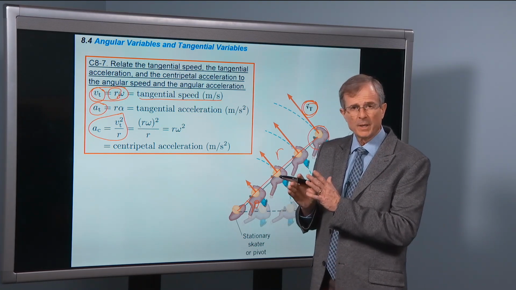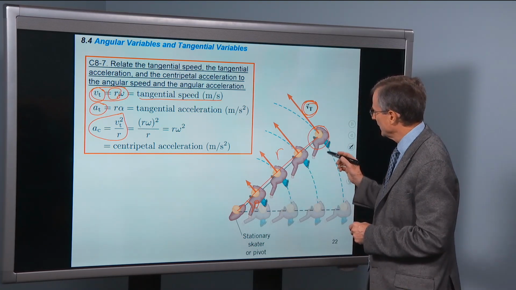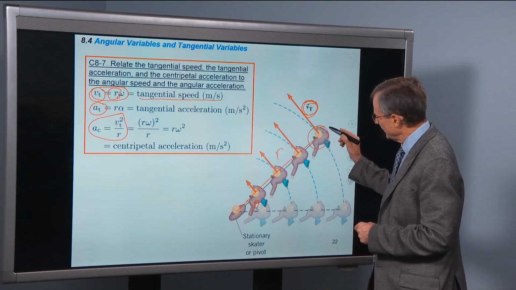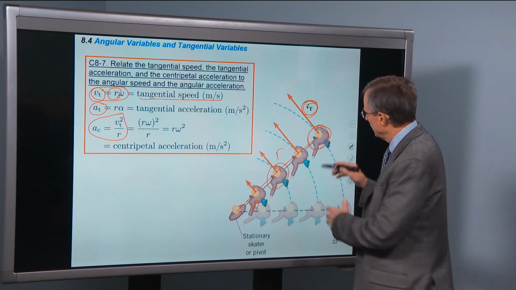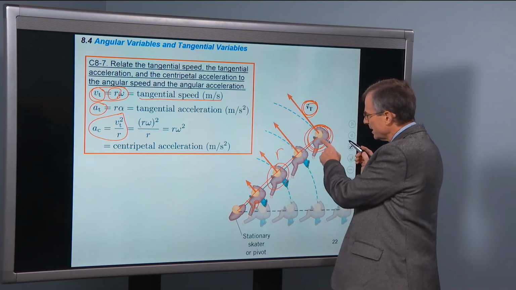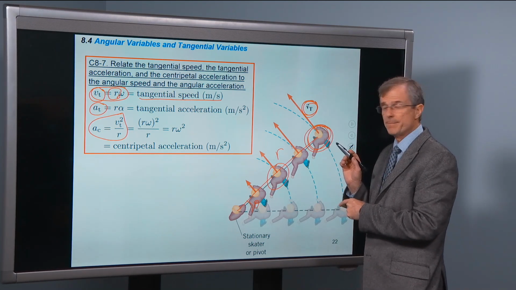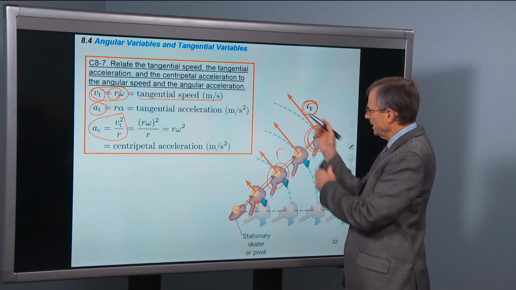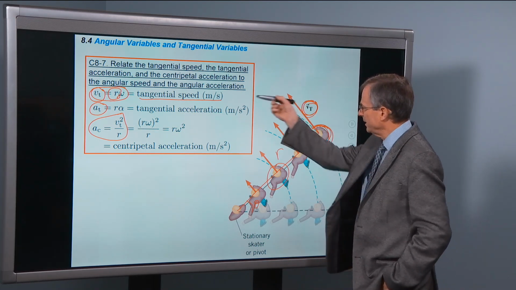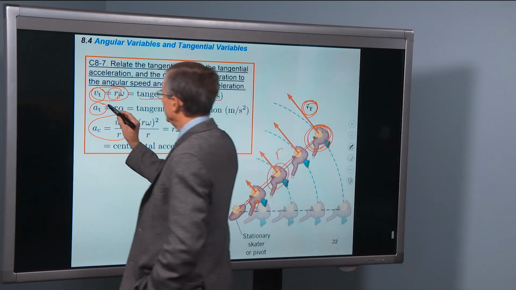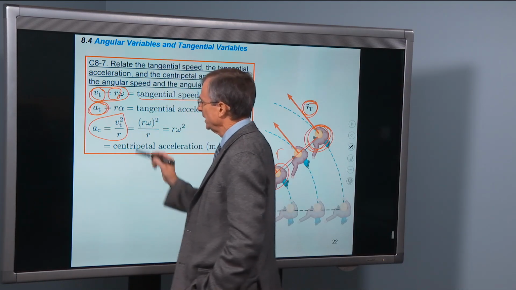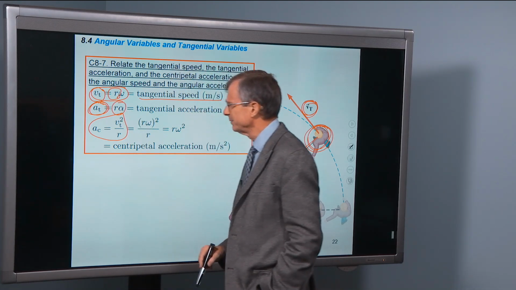We're not comparing this guy's speed with this guy's speed, but we're asking, how does this guy's speed change with time? If he's accelerating in this direction going around this arc, then he'll have a tangential acceleration. And that's given by r times alpha.